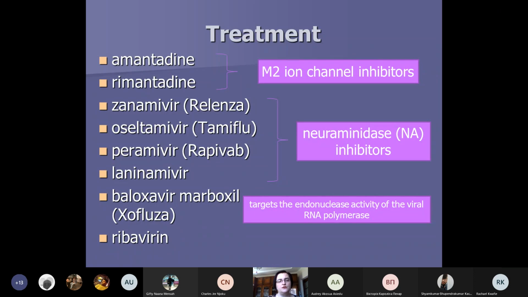Oseltamivir resistance is usually reported in H1N1, but has been reported in H3N2 and influenza B viruses less commonly. Because of this, oseltamivir is recommended as the first drug of choice for immunocompetent people, whereas for the immunocompromised, oseltamivir is recommended against H3N2 and influenza B virus, and zanamivir against H1N1. Zanamivir resistance is observed less frequently.